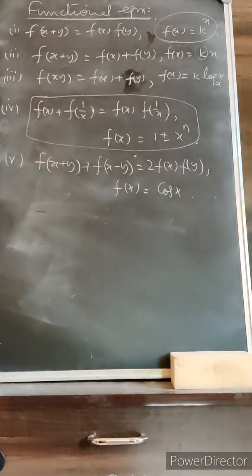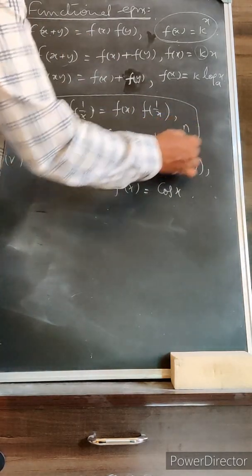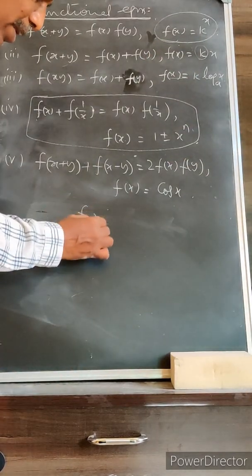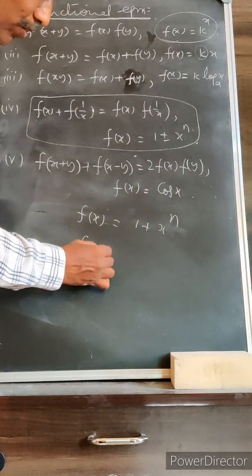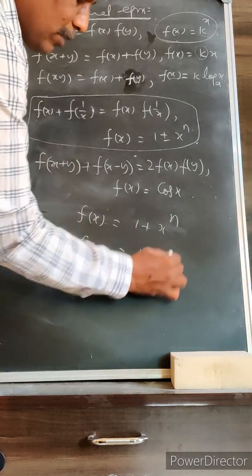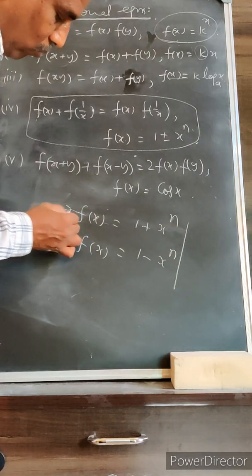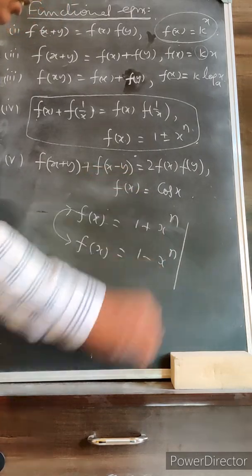If this condition is satisfied by any function, then the function should be of the form 1 plus or minus x power n. The function will be either of the form 1 plus x power n or of the form 1 minus x power n.